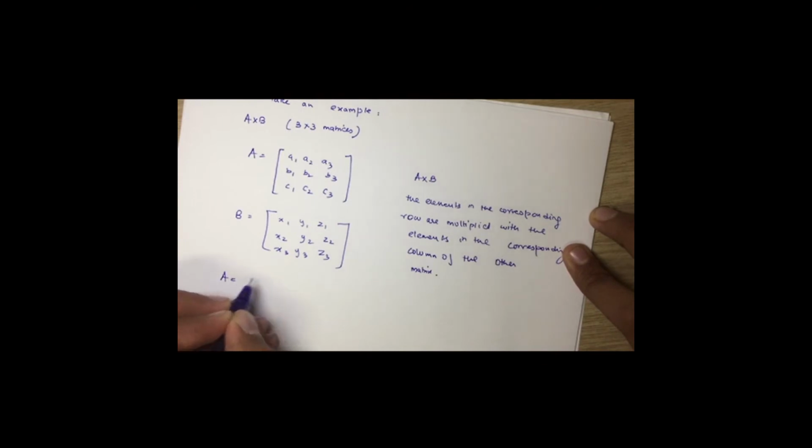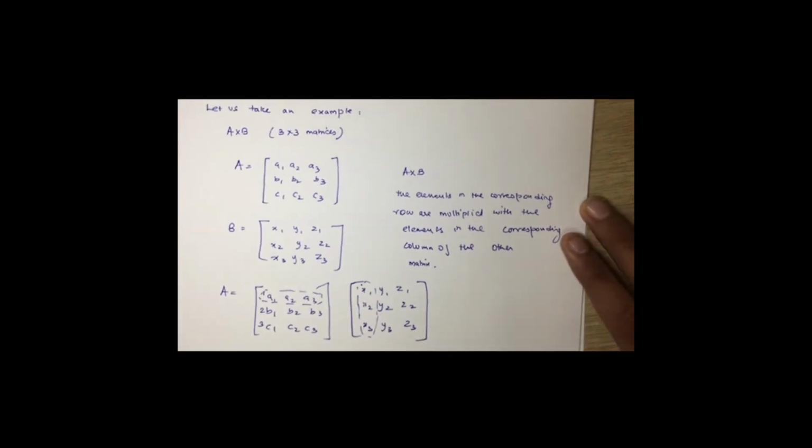So I'll write down this example, A1, A2, A3 again. So this is our first row, this is our second row, this is our third row.